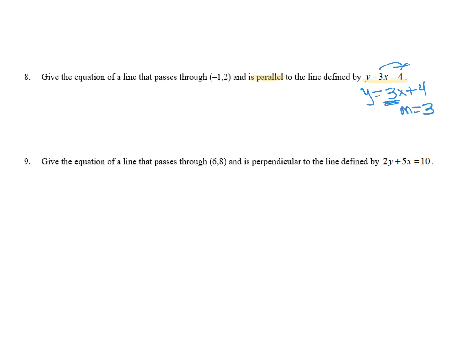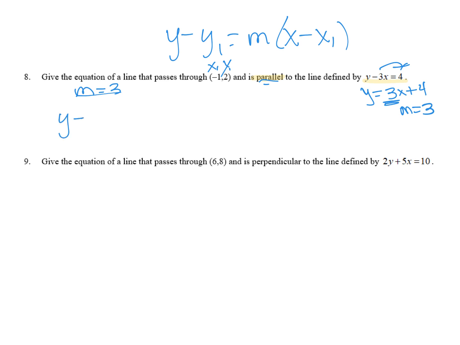Well, if I want the parallel line, that means the slope of my line also has to be 3. So then I'm going to use my point-slope form, and I'm going to write this equation. Here's my x1, y1. Here's my slope. So y minus 2 equals 3 times x minus -1.